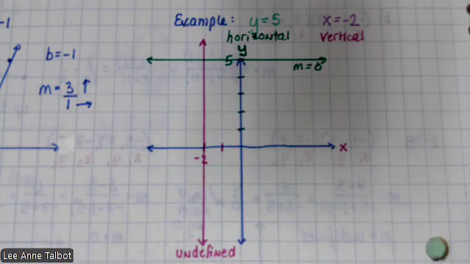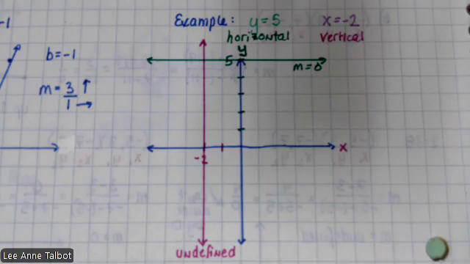Okay, what I want you to notice is that the horizontal line, the green one with a slope of 0, its equation was y equals 5. And the equation was y equals 5 because it crossed the y-axis at 5. Okay, and then do you see the vertical one, the pink one?